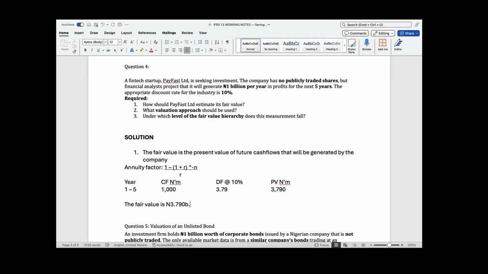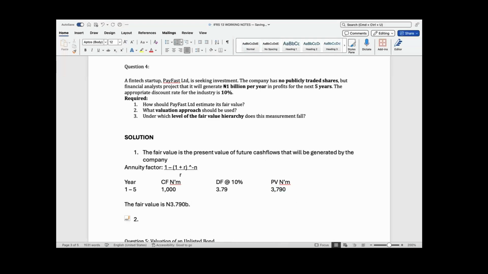Right? So the second one is saying the valuation approach. Which valuation approach are we using here now? What's the valuation approach here? Income approach. Yeah, that's the income approach. In the exam, it is an asset like this that you would have to use income approach for, where you have to do discounting.